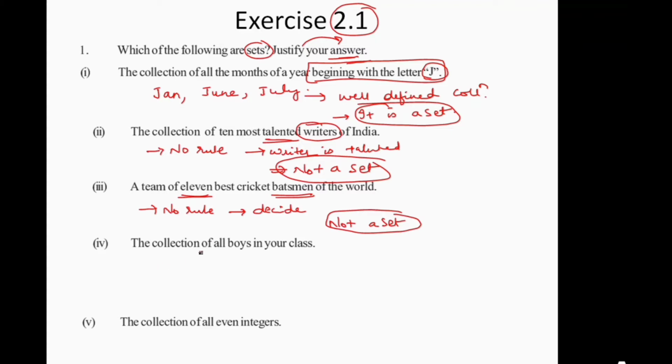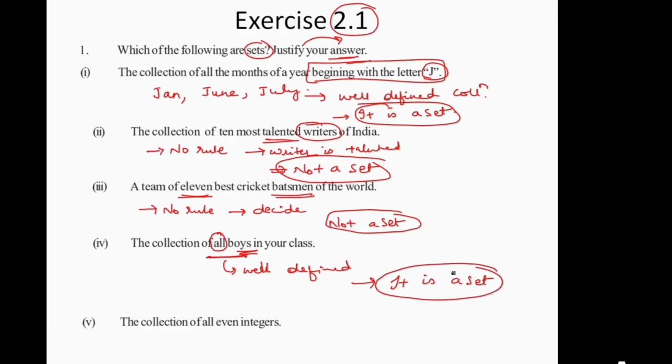So let's look at the collection of all boys in your classroom. Okay, it is defined here, right? So this is a well-defined statement, isn't it? If it is well defined, we say it is a set. Okay, let's look at the next one over here.